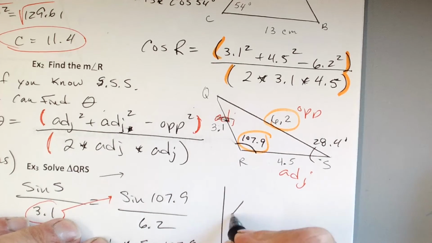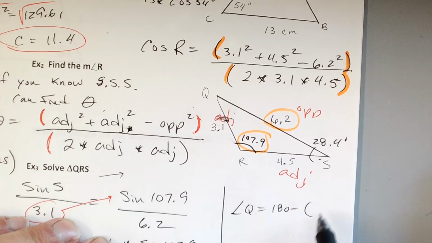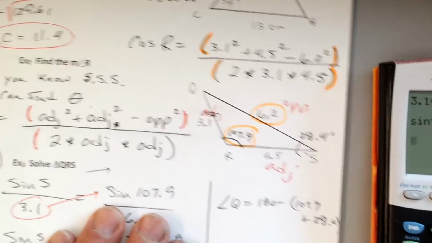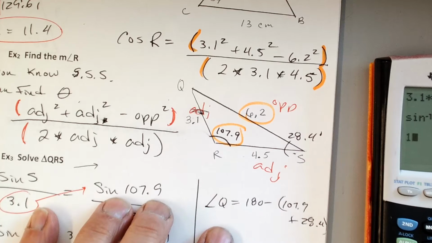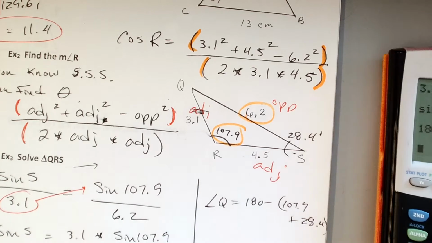So angle Q is equal to 180 degrees minus the sum of 107.9 and 28.4. And I've got the triangle solved. Now I'm going to go 180 minus the sum of 107.9 plus 28.4. I get an answer of about 43.7.